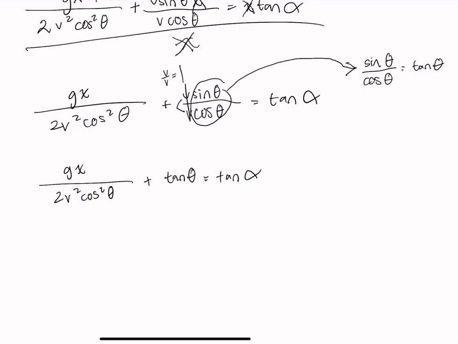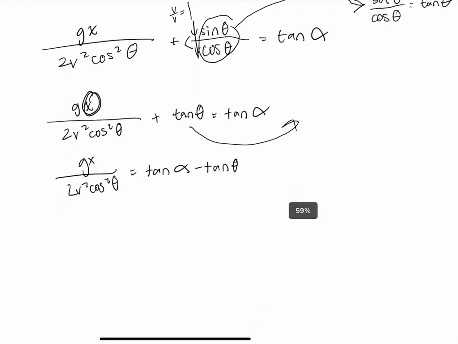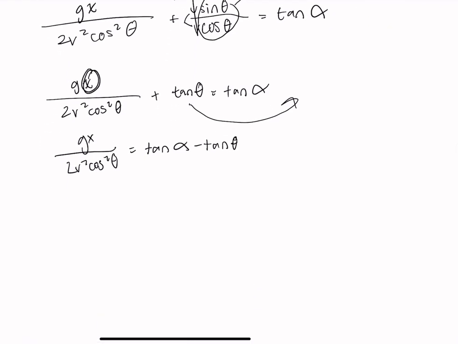Our goal, right, is to isolate for x. So you can do that first by subtracting this tangent over to the other side. And then we have to get rid of this denominator. So we multiply that over to both sides so that these can cancel.